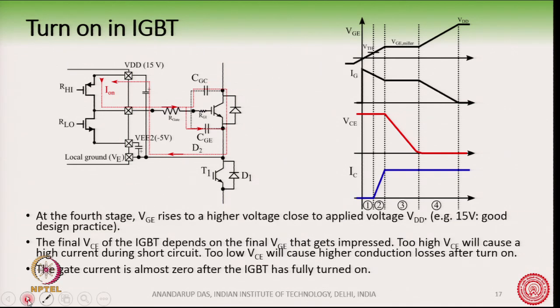Once this capacitor has been fully discharged, the gate emitter voltage will rise towards VDD, because this is what it was supposed to do. As per this RC diagram, this VGE voltage should rise up to the VDD voltage of 15 volt.